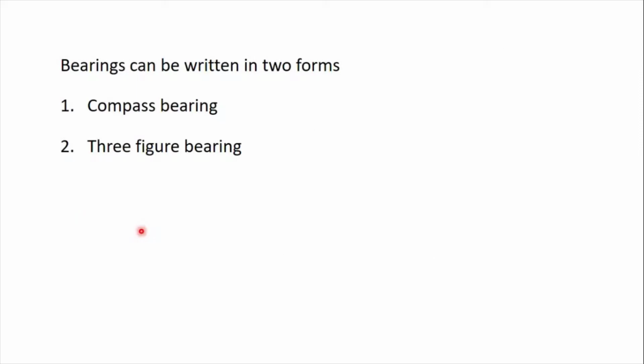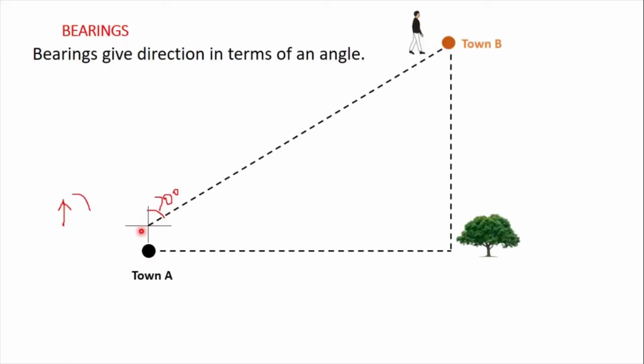Let's move on. Bearings can be written in two forms. The first one is the compass bearing, and the second one is the three-figure bearing. In these videos that we are going to watch, I will explain the compass bearings and the three-figure bearings in detail. So in this particular video, what we have been able to see is that bearings give direction in terms of angles.